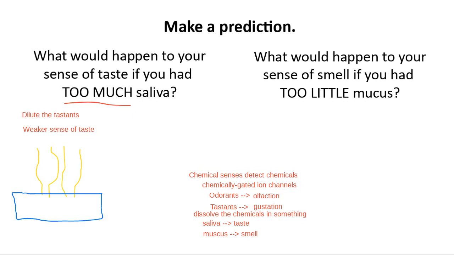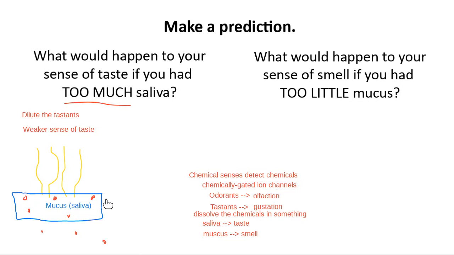So here's our normal mucus layer, or it could also be, I'll put in parentheses, saliva, because these processes work the same. So we've got a normal level of mucus or saliva that's supposed to be there. I've got these little tastants or odorants that are floating around. They come from the environment. They attach to the mucus, and then they have to move through this mucus or saliva to get up to our cells that detect it.